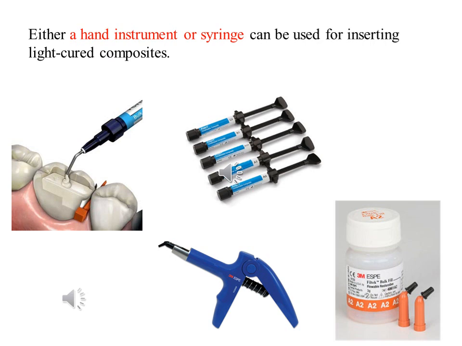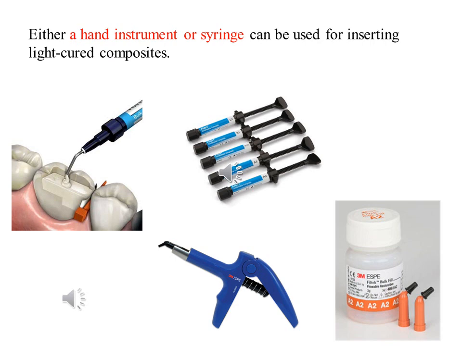Applications of composite restorations can be done in different ways, either by a hand instrument called a plastic filling instrument or by a syringe, which can be used for insertion of light-cured composite. Here we have different types of composite restorations, either in tubes or capsules.